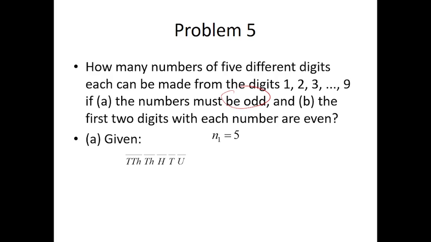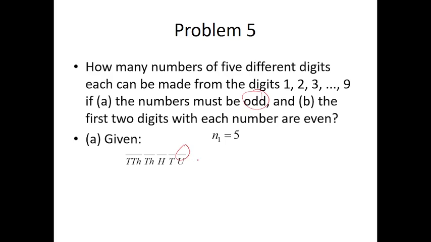This is similar to the previous problem we had, applying the fundamental principle of counting rule, this time by permutation. How many numbers of 5 different digits each can be made from the digits 1 to 9 if the numbers must be odd?